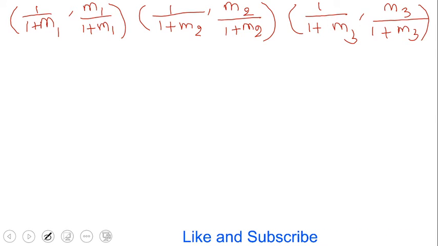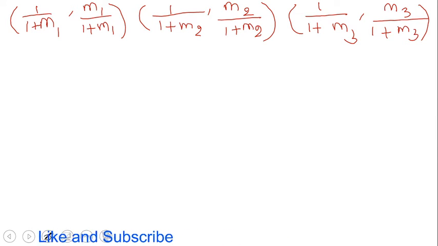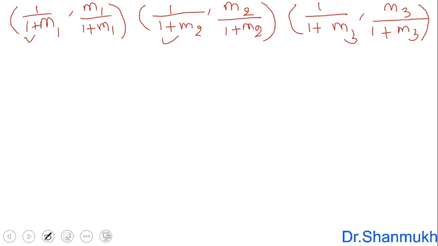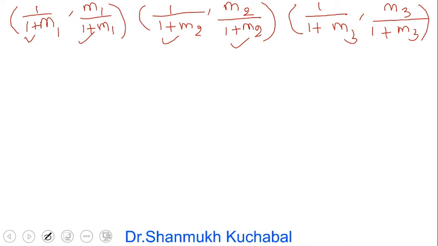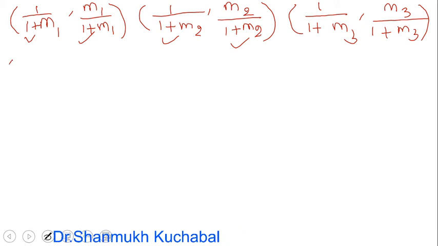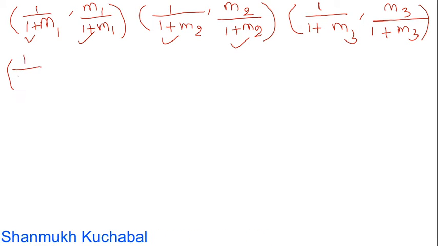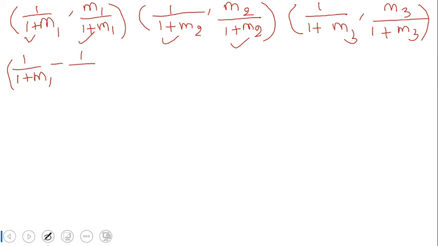We have these 3 points here by the hypothesis. So we will subtract x coordinate minus x coordinate, then this whole square, plus y coordinate minus y coordinate, whole square. I am using the distance formula between the first and second point here. So I am going to get this expression: 1 divided by 1 plus m1 minus 1 divided by 1 plus m2, whole square.